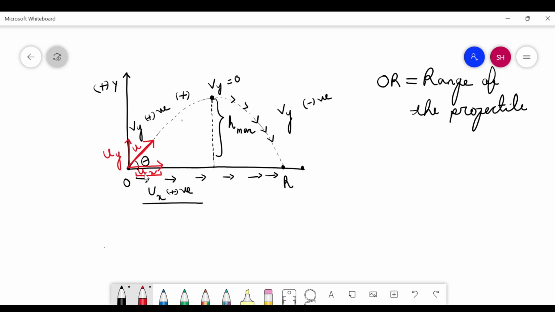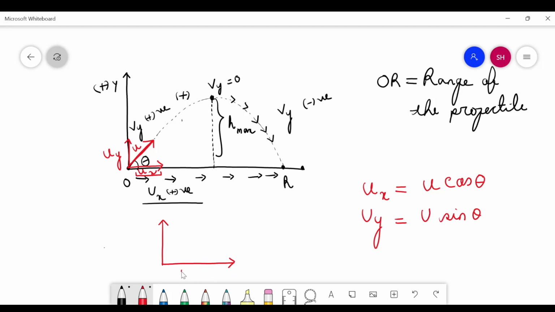And we can take the magnitude of ux as u cos theta, and uy will be u sin theta. See, this is our ux, this is our uy, and this was our vector u which got resolved into uy and ux.